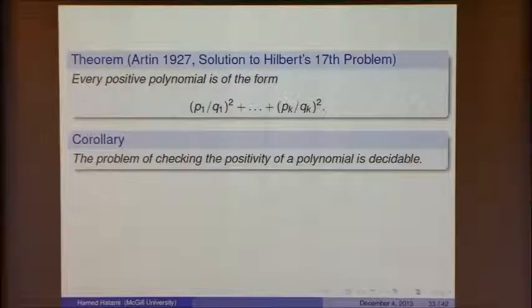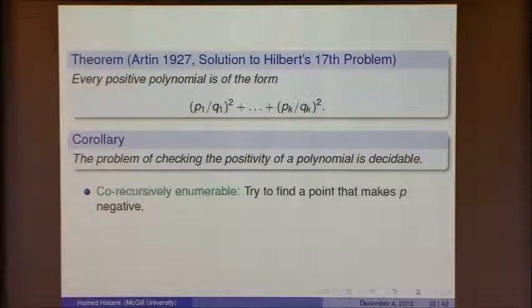But note that this has an interesting consequence: checking the positivity of a polynomial is a decidable problem. You can do it by computer, and the reason is we do the following two things in parallel. First, we check the value of the polynomial over rational numbers, trying to find some setting of rational numbers which makes the polynomial negative.